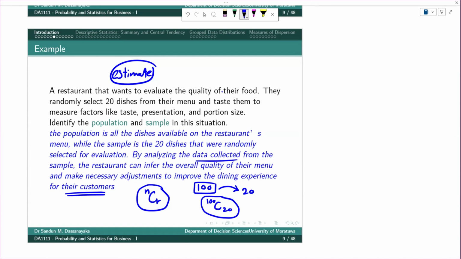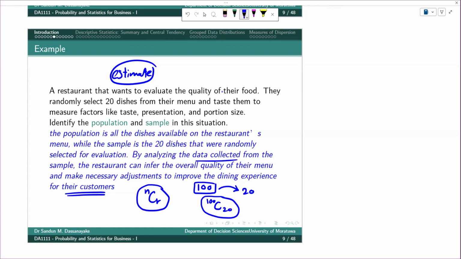It's not the deterministic answer. It's just an estimate, and estimates can always vary. It only has a certain probability of being accepted or happening. If you say tomorrow it's going to rain, or if you say this afternoon it's going to rain, it's just an estimate or some forecast. There is a chance of it happening, and also a chance of it not happening. The only thing that we do is try to make sure how probable that is.